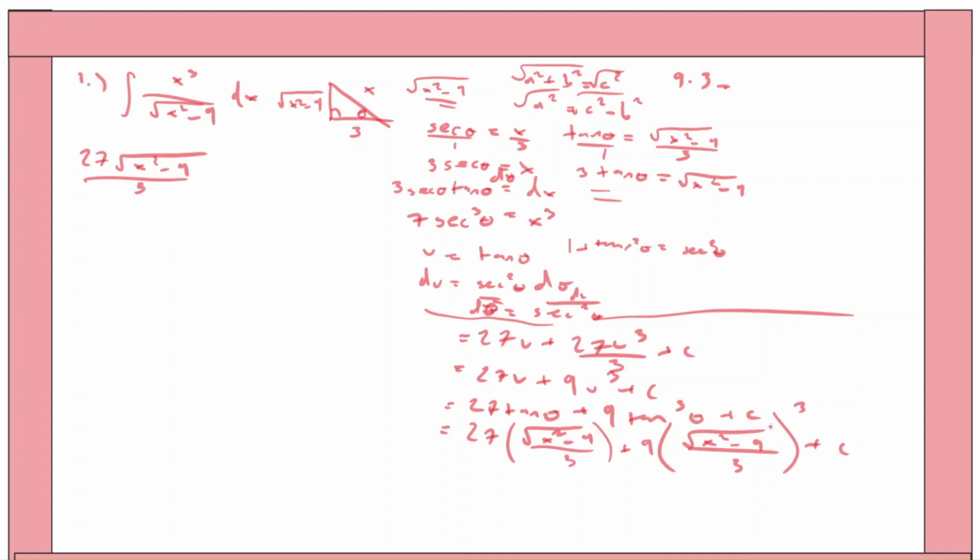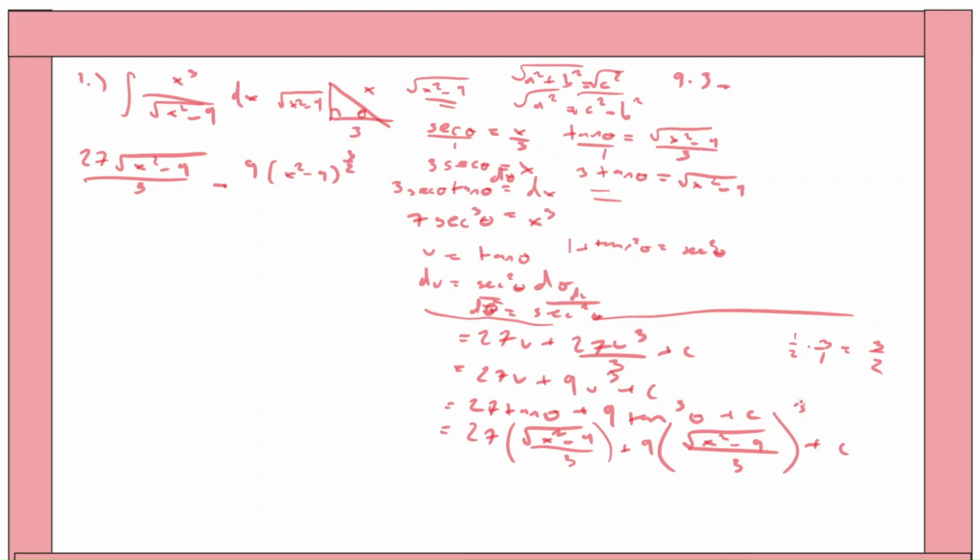So if we have this, this root is to the 1/2 power. So that's like 1/2 times 3 over 1. Since it's an exponent to an exponent, that gives you 3 over 2. So this is the same thing as saying 9 times this whole thing, x squared minus 9 to the 3 over 2.